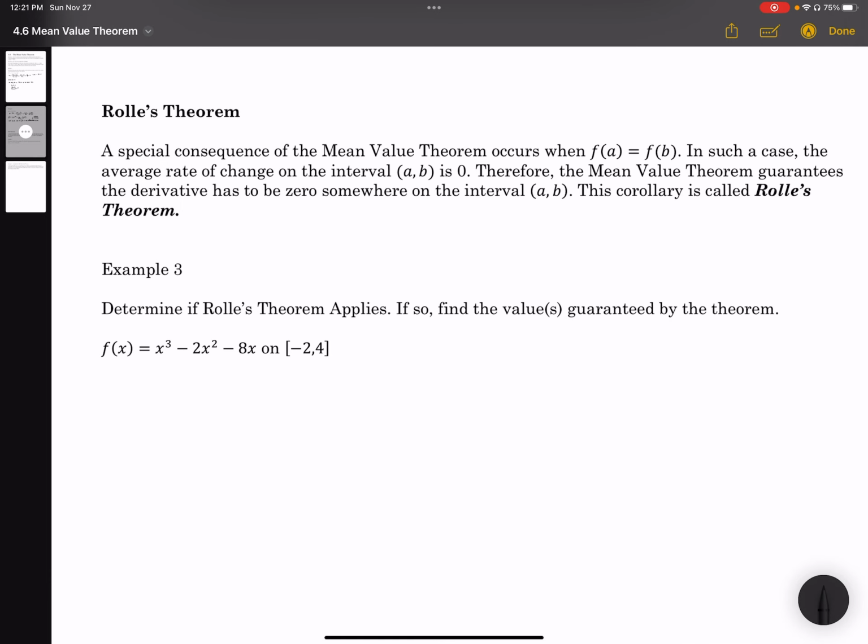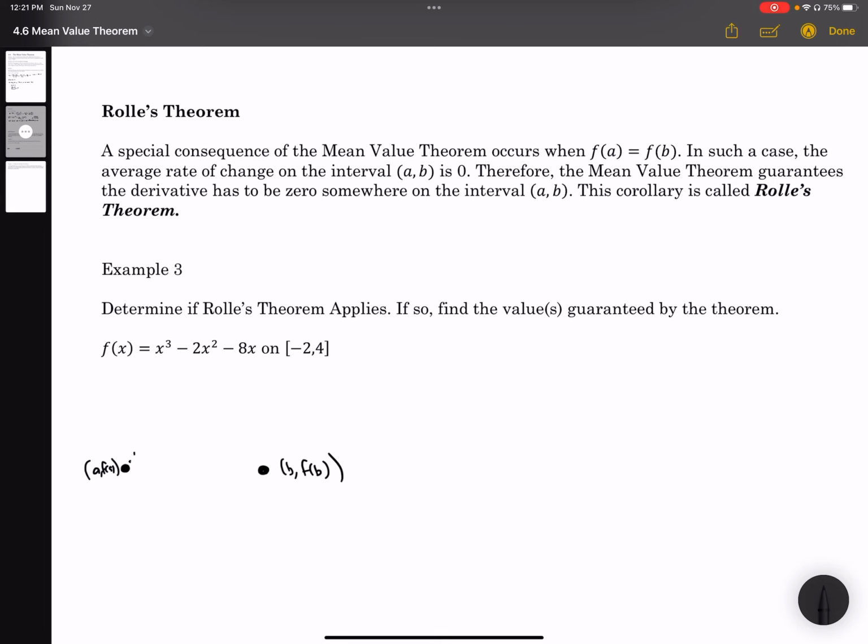All right, so there is a corollary to the mean value theorem called Rolle's theorem. And it occurs when the endpoints of the interval have the same function value. In that case, that's going to mean that the derivative has to be zero. So imagine that we have point A here, and sometime later on we have point B. So we have the point A, f of A, and B, f of B. We don't know where they are.